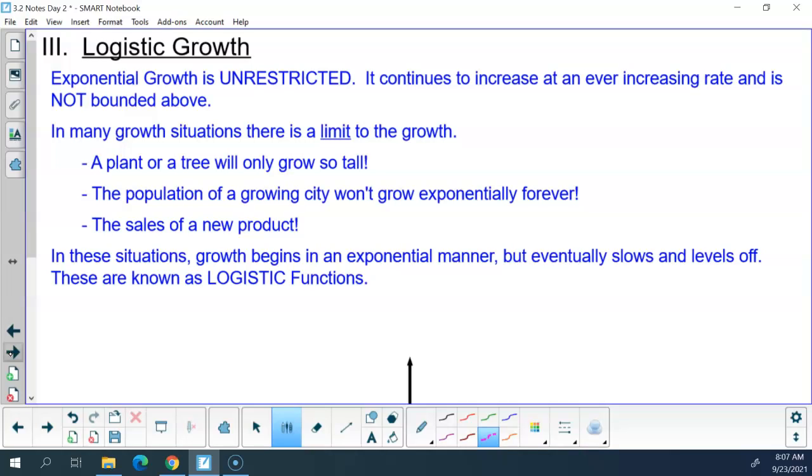What's the problem with an unrestricted exponential growth model in terms of population? Any problems with it? What do you got? Okay, not enough resources for one. What about space?